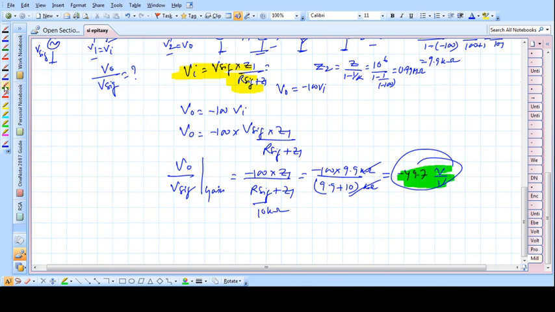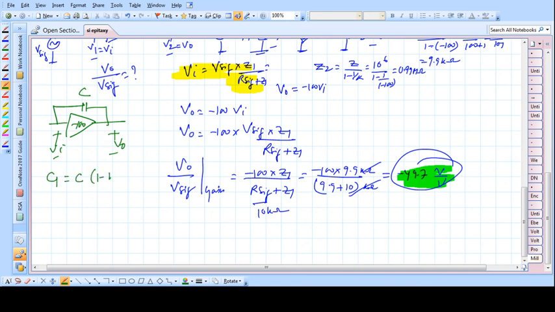If there is some capacitor C in this amplifier, the C1 will be C times 1 minus K, and the other, C2, will be C by 1 minus 1 by K. So this is one of the simplest ways to think about Miller's theorem.